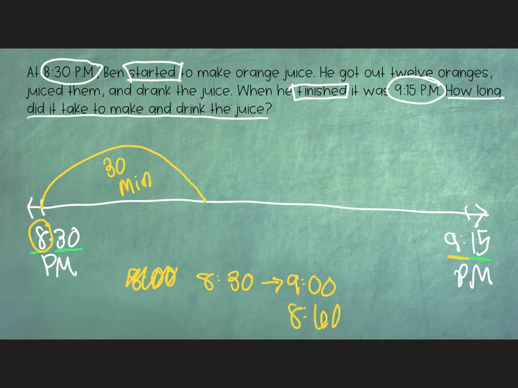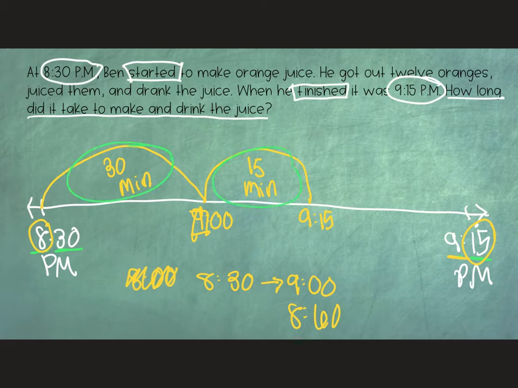So I add 30 minutes, and now I'm at 9 o'clock. Now that I have my hour worked out, I just have to focus on getting the right number of minutes. So I have 0 minutes now. I need to add 15. And that gives me a 9:15. So now I just add together my 30 minutes and my 15 minutes, which gives me 45 minutes. So my answer here is 45 minutes.